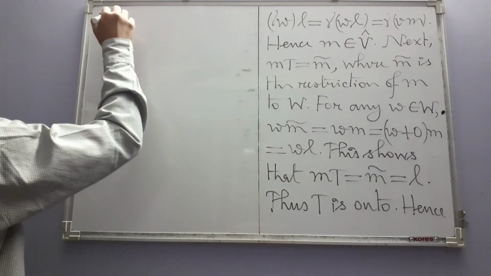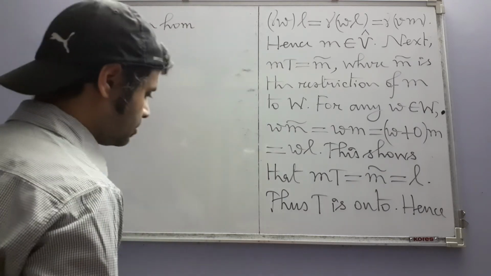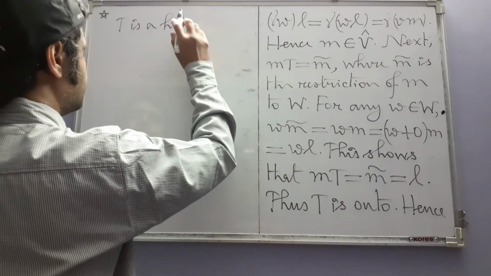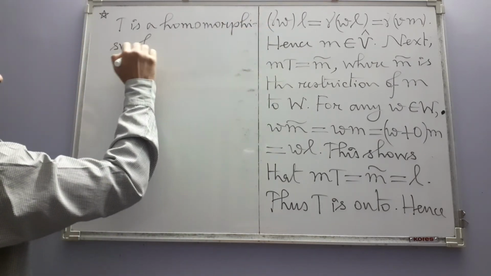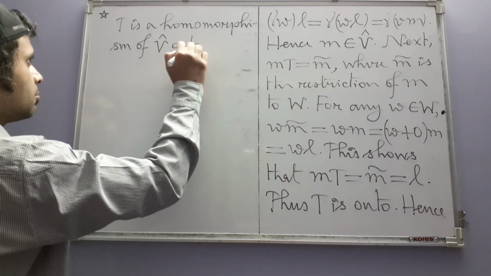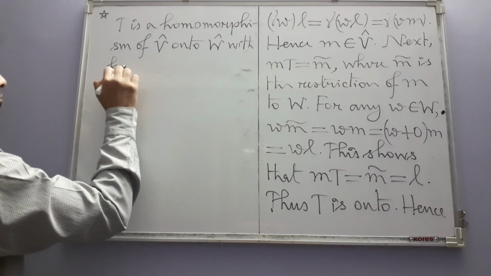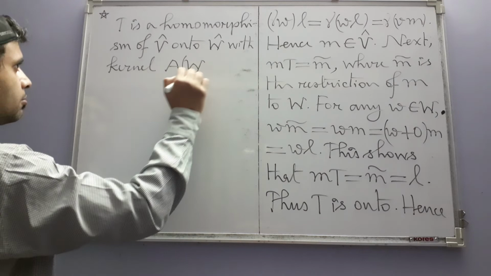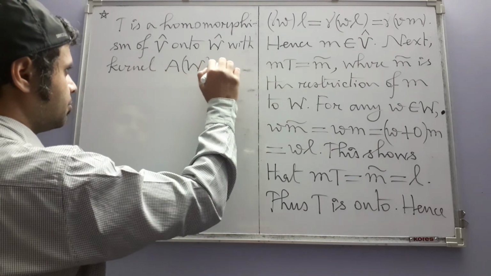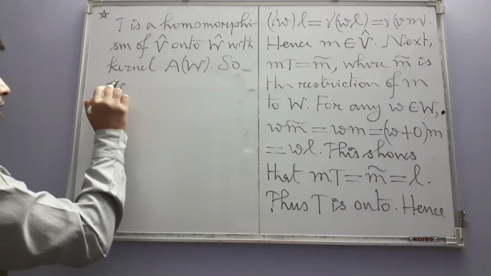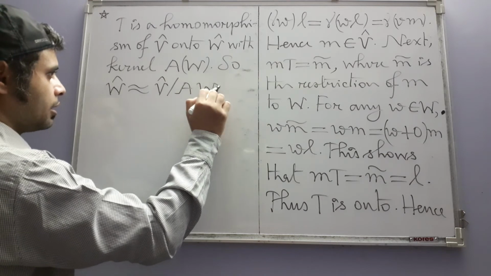Hence, T is a homomorphism of V hat onto W hat with kernel A of W. So now from your homomorphism theorems, isomorphism theorems, whatever you want to name them, from one of them, W hat is isomorphic to the quotient space of V hat by the annihilator A of W.